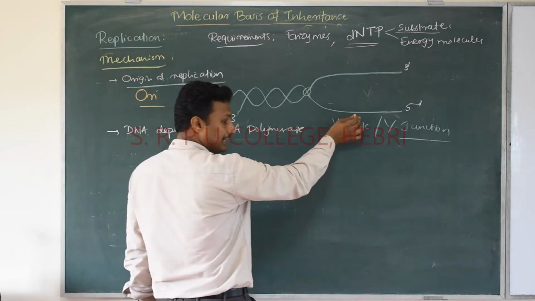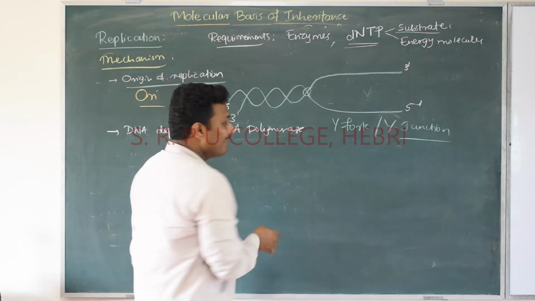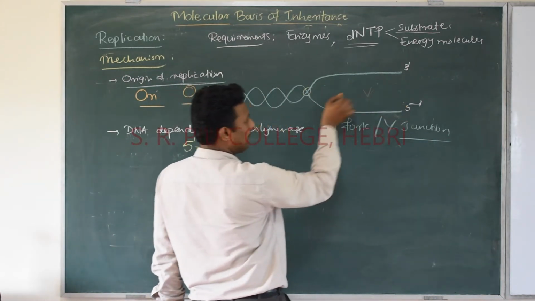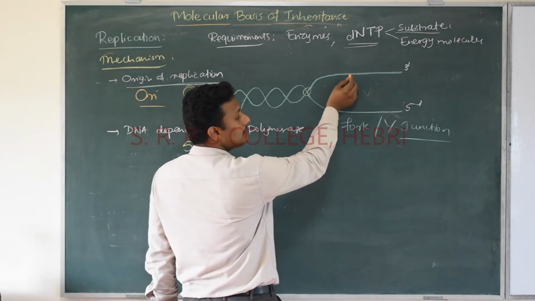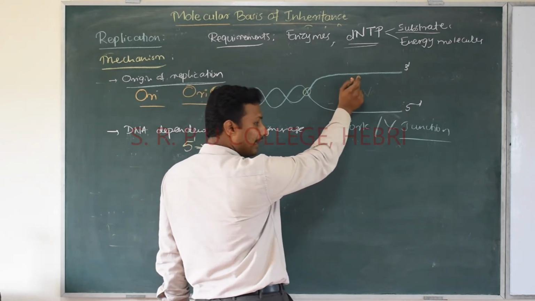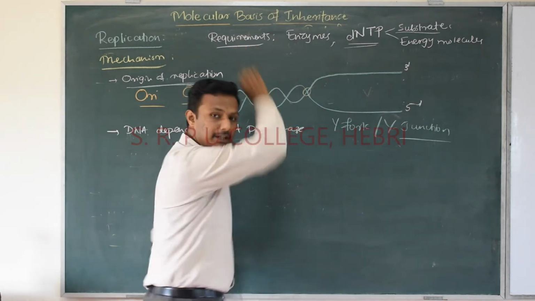So this template strand will help in the synthesis of a new DNA strand, whose 3 prime end should come here and 5 prime should come here. And so the new strand produced by this particular template strand should have its 5 prime end here and 3 prime end here.